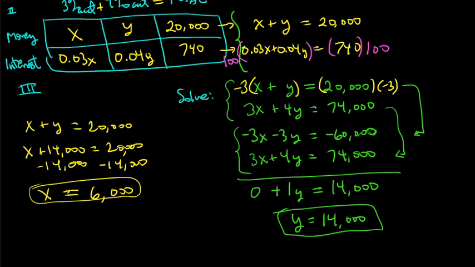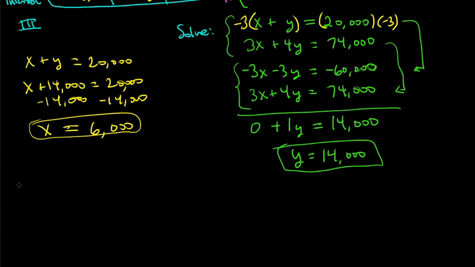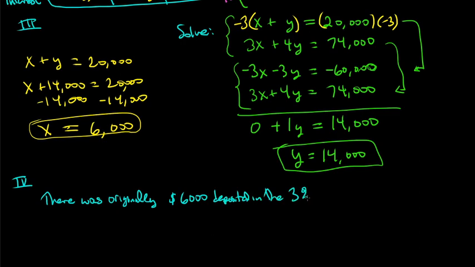So to answer the question, and that's step 4, there was originally, in other words, the deposit, $6,000 deposited in the 3% interest-bearing account.